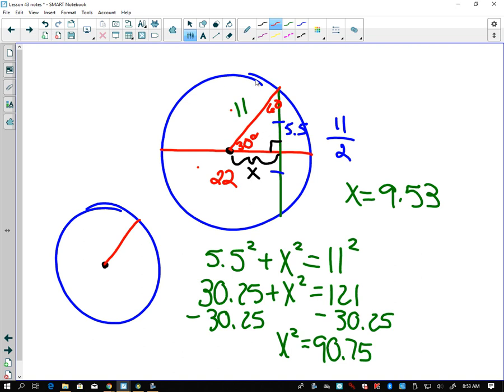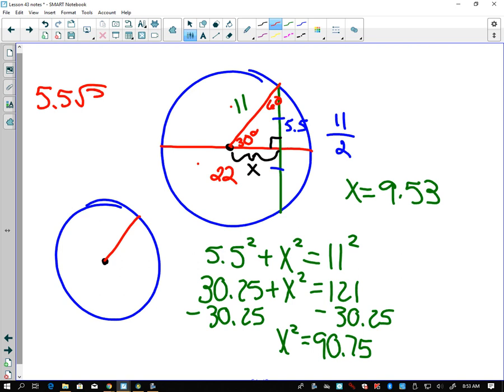Does that make sense? If you remember your 30, 60, 90 ratios, that would make this 5.5 radical 3 because of the 60. You're going to take your shortest side, which is your 5.5, and multiply it by radical 3. I would still be willing to accept 9.53, because you guys aren't going to be as adept at that.